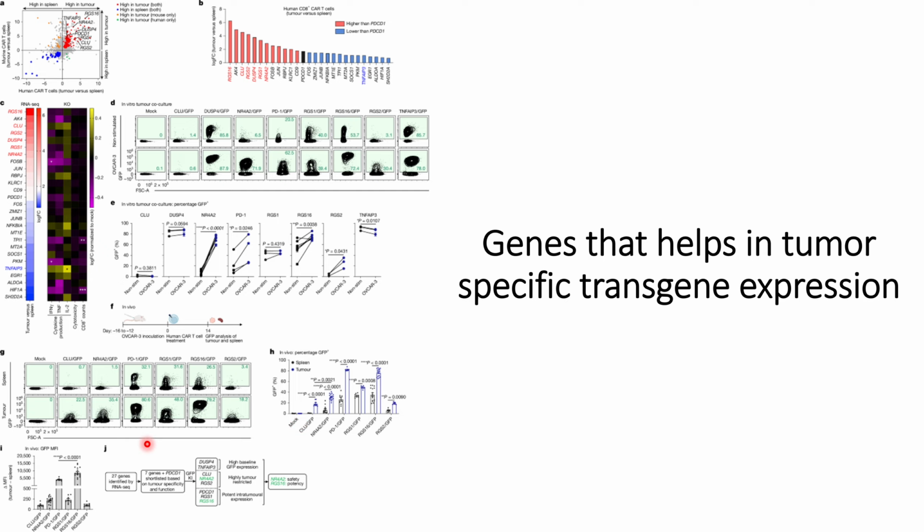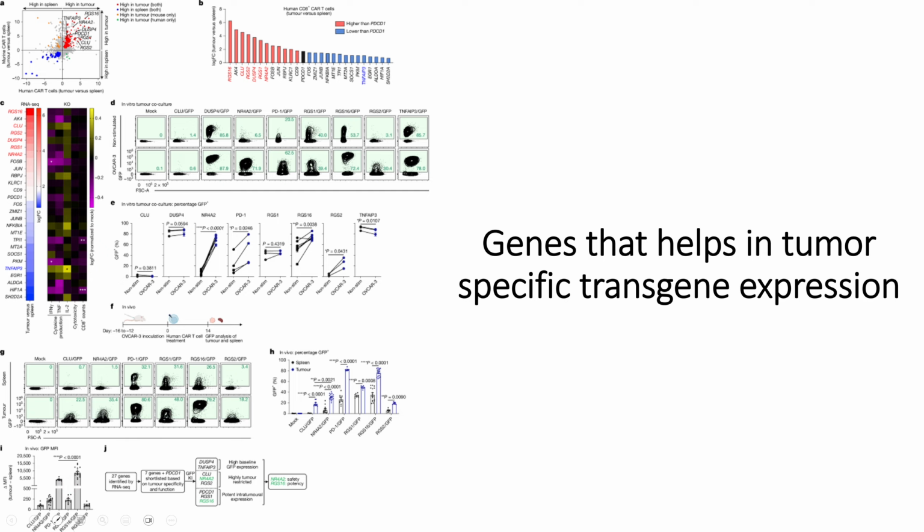Thereafter, they checked the difference between the tumor GFP mean fluorescence intensity minus the spleen GFP mean fluorescence intensity. In that case, they saw that for RGS16 the data is significantly higher compared to the control case, PDCD1.